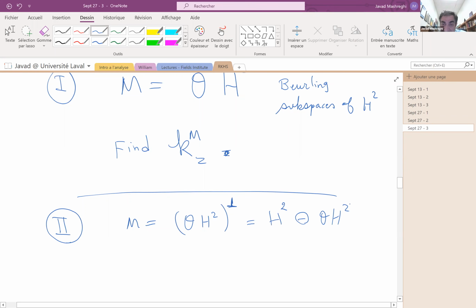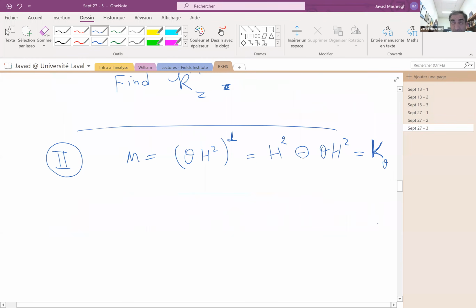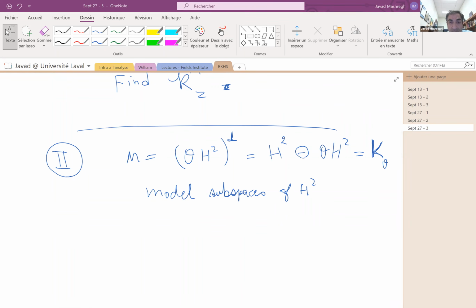For these spaces there is a special notation, so they don't mix with the K we had above: K theta. K is not for kernel here. I don't know where it comes from, but they are called model subspaces of H2.